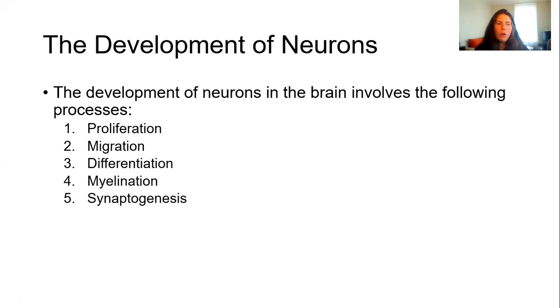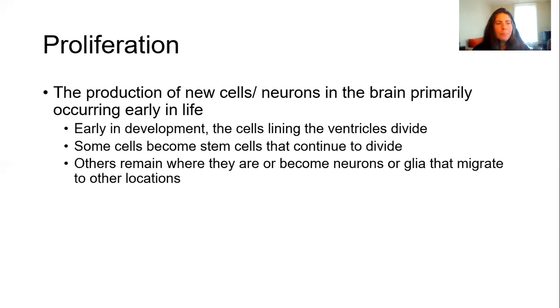Okay, so there are 5 stages in the development of neurons. We have proliferation, migration, differentiation, myelination, and synaptogenesis, which is my favorite. I just love the word. So let's talk about each one of these. So proliferation is the production of new cells, neurons in the brain primarily occurring early in life.